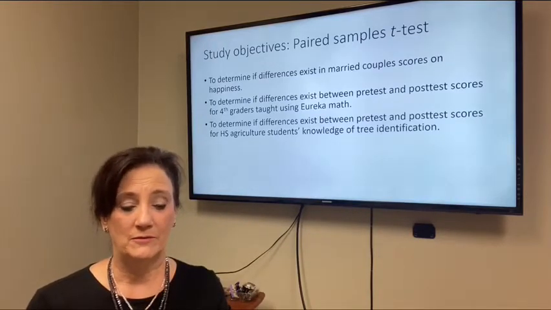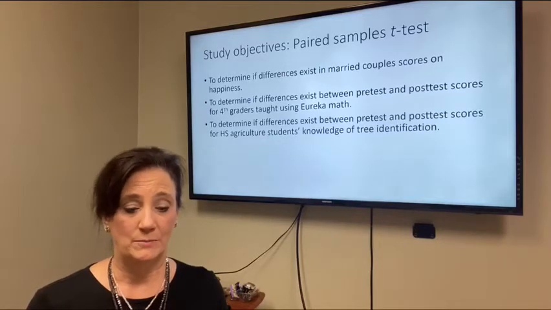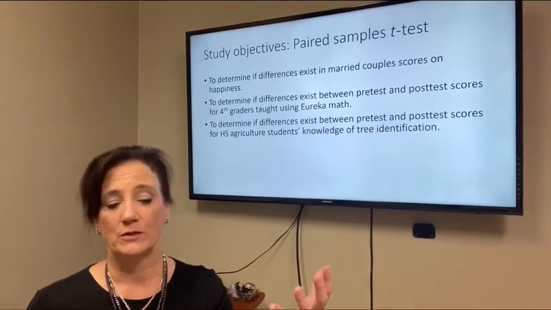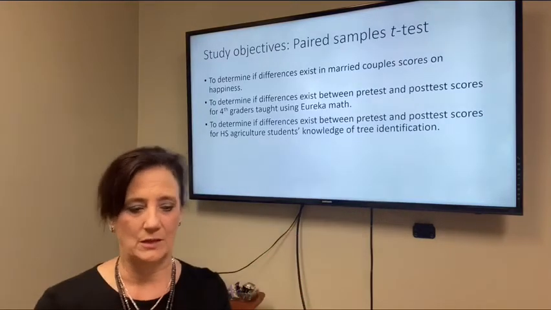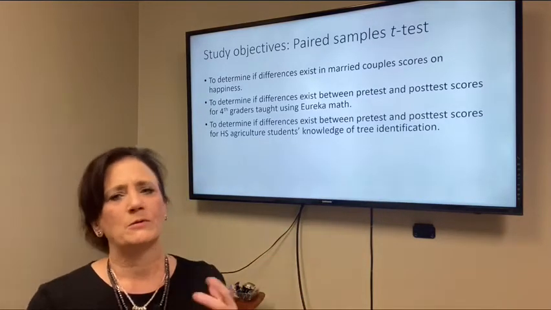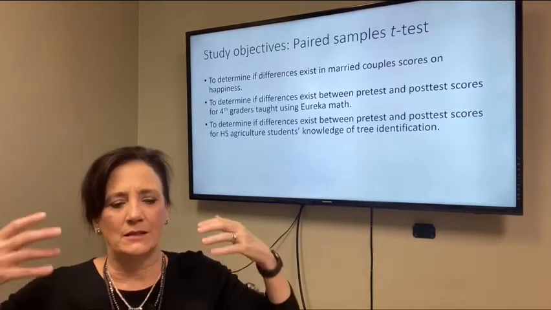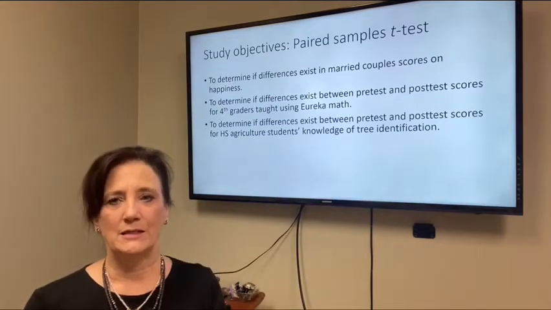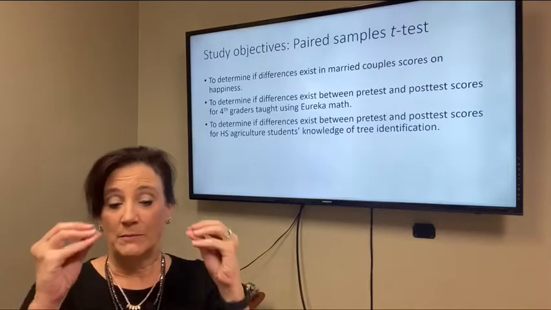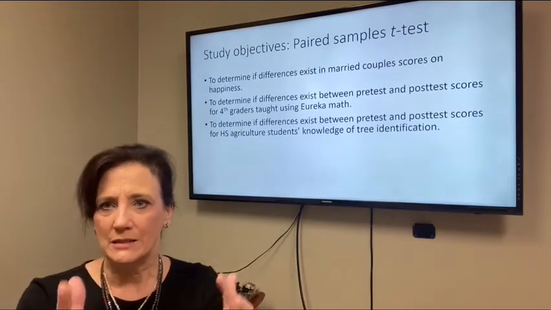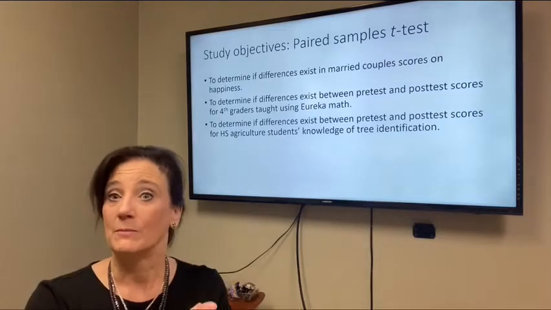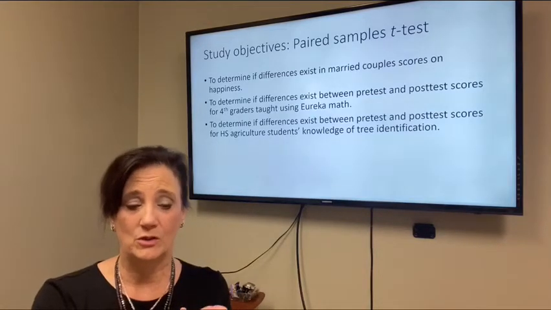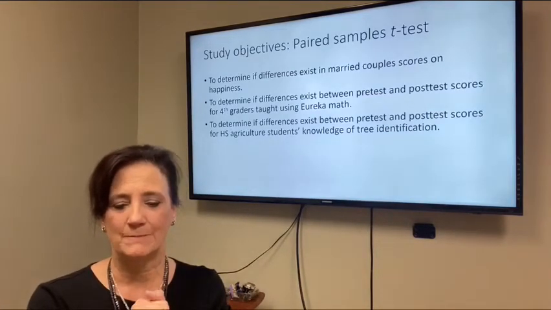To determine if differences exist between pre-test and post-test scores for fourth graders taught using Eureka Math. Again, pre-test, post-test is just your classic use of a paired samples t-test. When you have married couples, that's a little bit different and somewhere where you have to kind of think outside the box and maybe even make a note to remember that you're going to use a paired samples t-test.